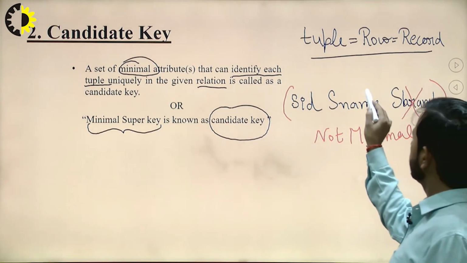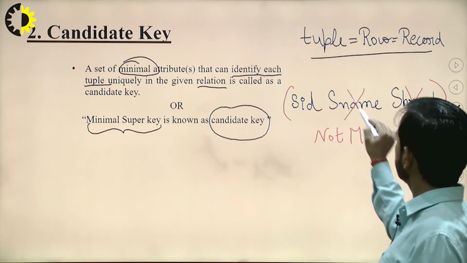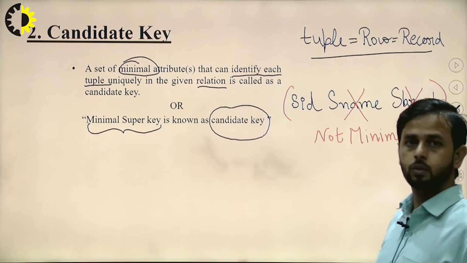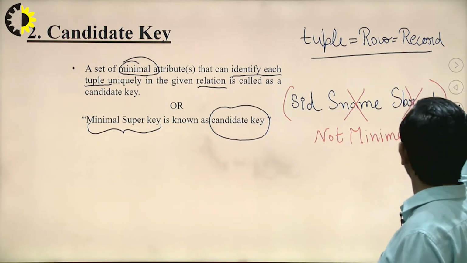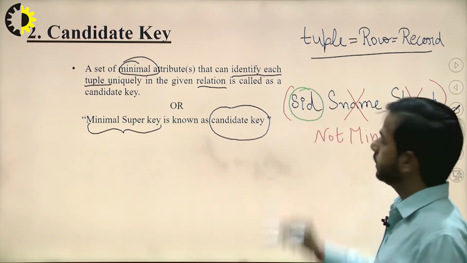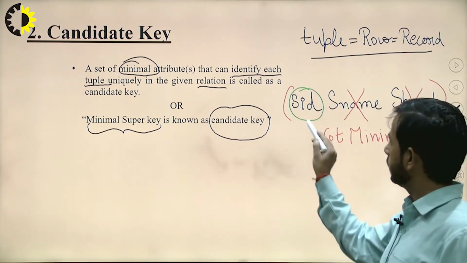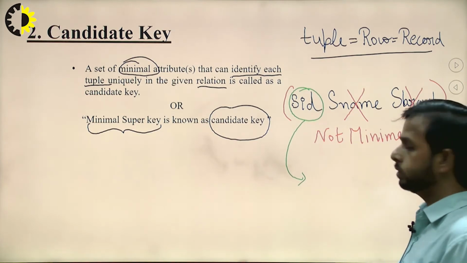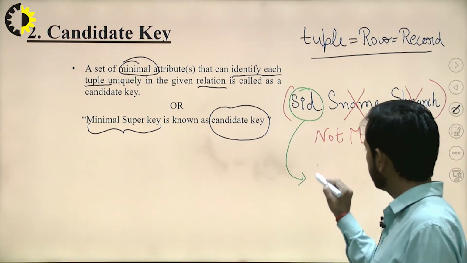If I remove student name, still I am able to identify all the records uniquely. Now this student ID is sufficient to identify all the records uniquely, and it is minimal.